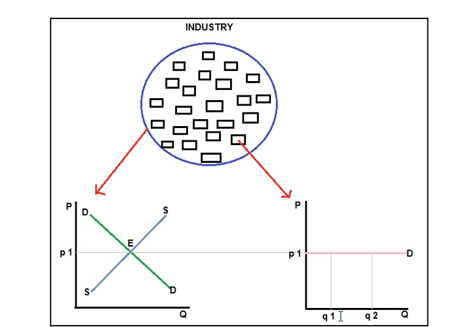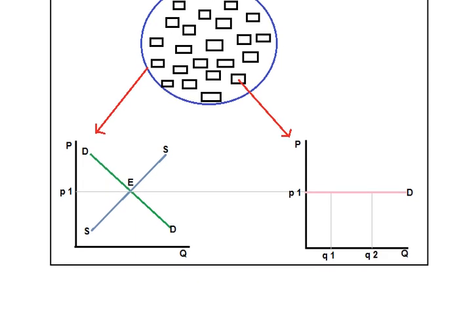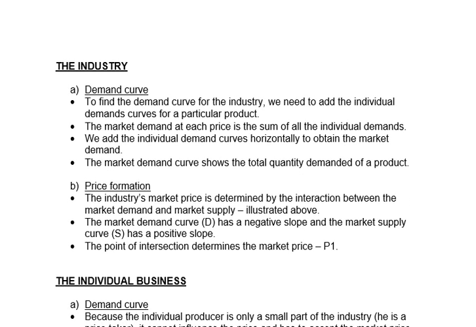So whether he produces Q1 and sells Q1, it is going to be sold for price P1. If he decides he wants to sell Q2, it's fine. The price is still going to be P1. He's a price taker. He cannot change that price.